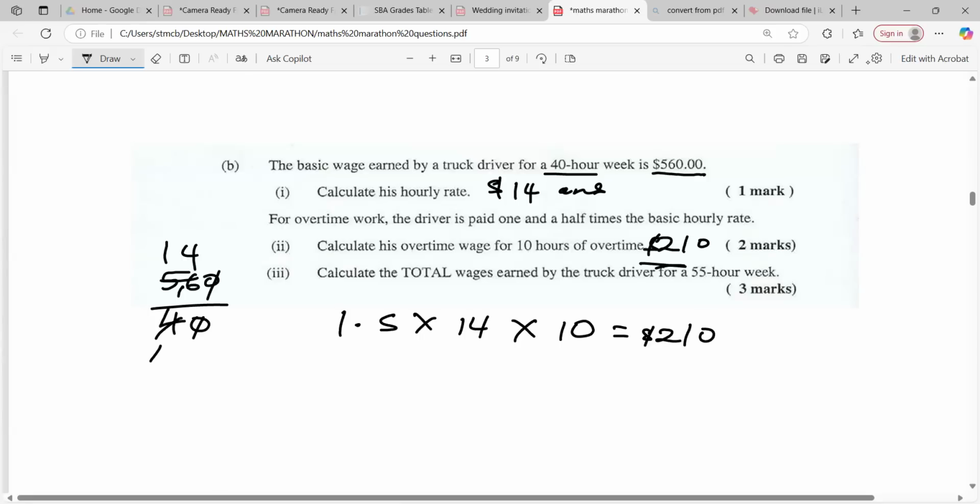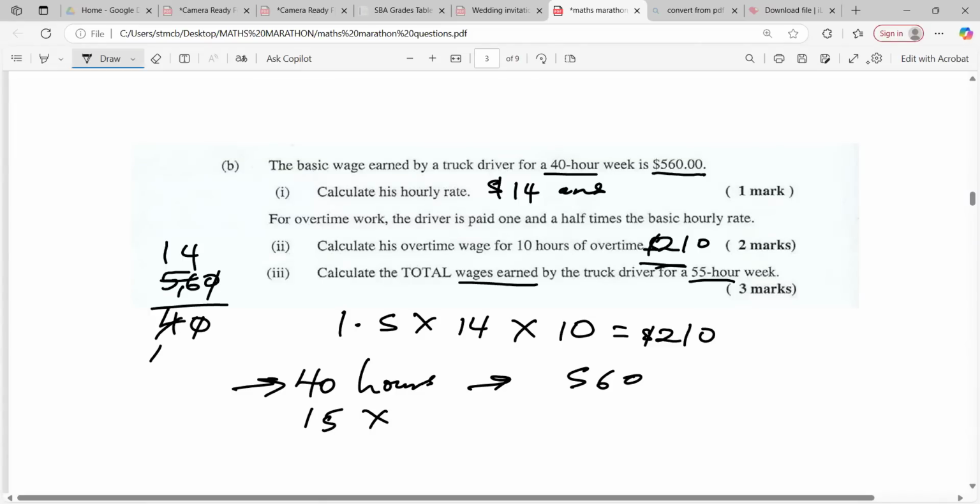Alright, calculate the total wages earned by the truck driver for a 55-hour week. Remember, I said the 40 hours are regular pay. Anything over that is overtime. You just start consumer arithmetic with them in middle school. So that means I'm going to work 15 hours at $21 an hour. Everybody likes money, so everybody can do this.